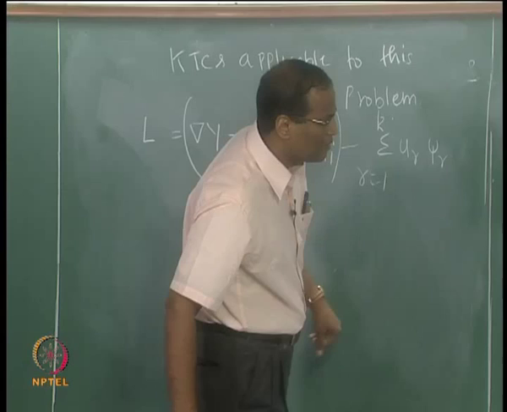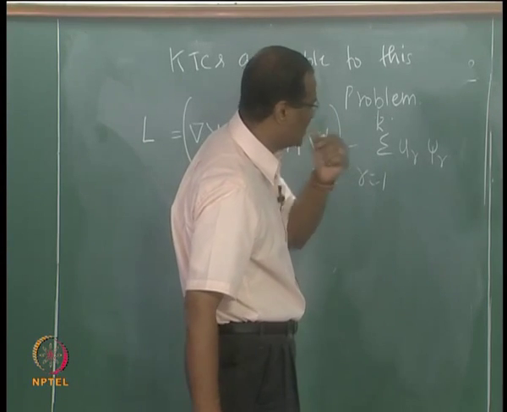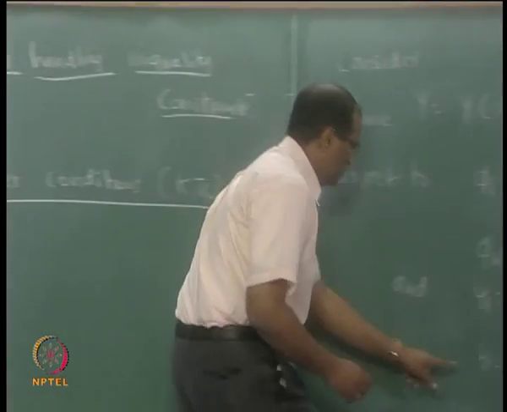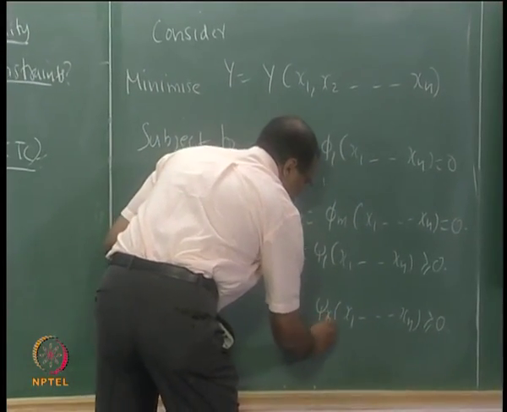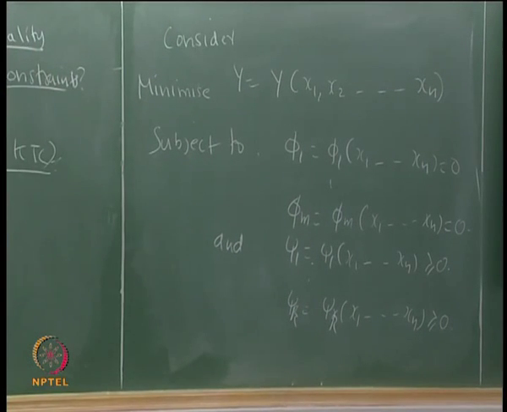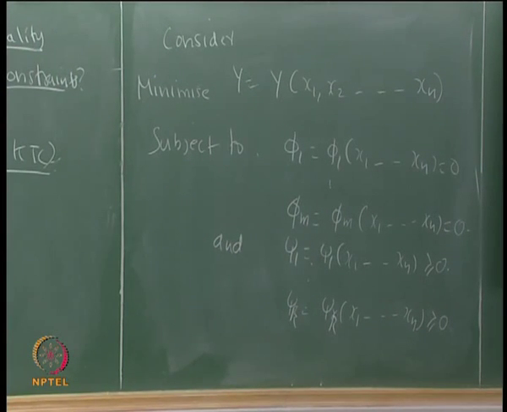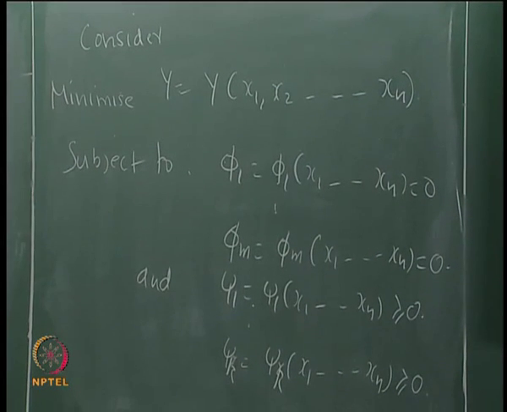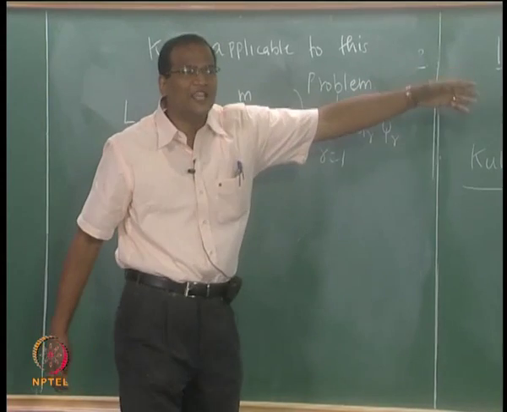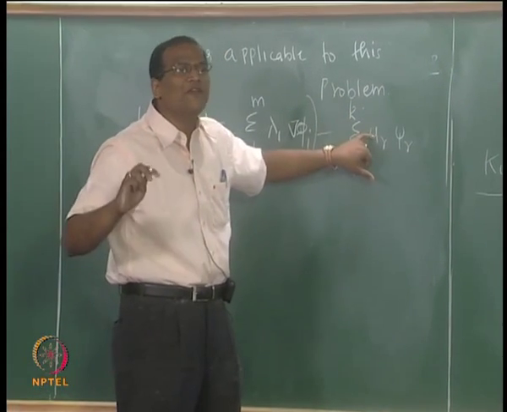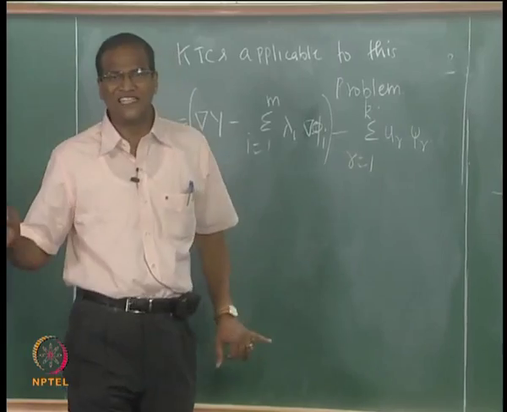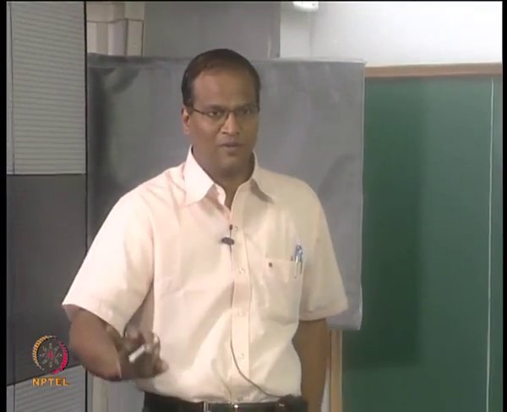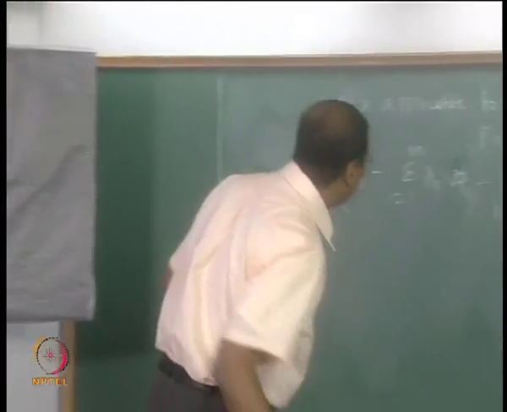So I put r equal to 1 to k, u r psi r, where psi r represents the inequality constraint and u is something similar to the Lagrange multiplier. It is a sensitivity coefficient whose nature is not yet known to us.